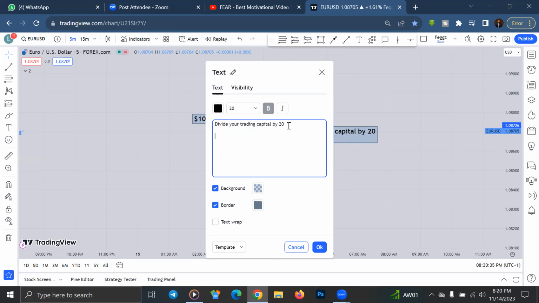In this example, we are using $1,000. So $1,000 divided by 20 will equal what? That's 50. Am I correct? Let me not embarrass myself. I'm correct. That's $50.